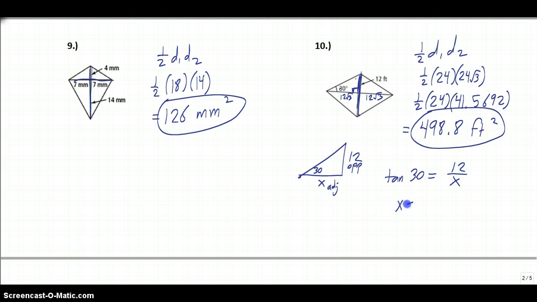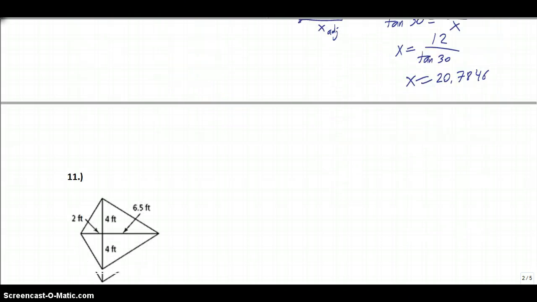Pull the old switcheroo, and you could easily show from your calculator that 12 divided by the tangent of 30, okay, is 20.7846, and I'm betting if you double that, you get exactly what we got here for our entire thing, right? Because we doubled it, 24 square root of 3. So even if you don't remember the 30, 60, 90 tricks, you can certainly use sine, cosine, and tangent, okay?